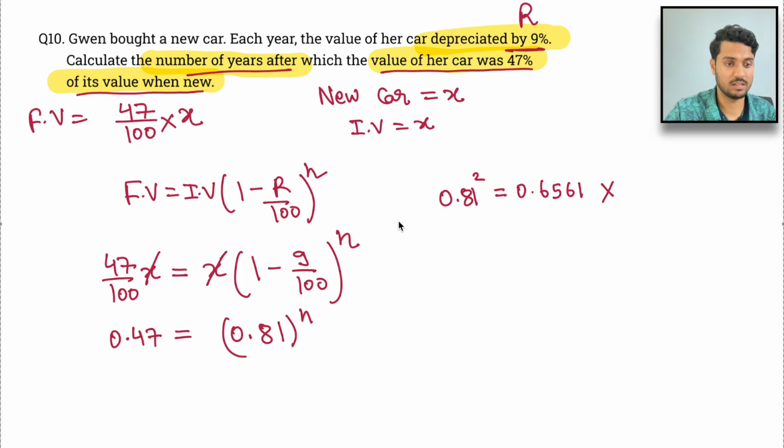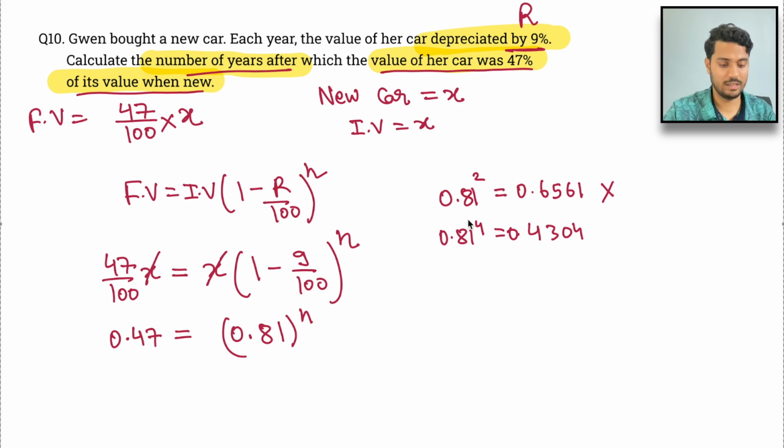So what can be the other answer? Even lesser than 2. So can I write 0.81 raised to 1.5? It's too much. If I write 0.81 raised to 0.9, no. 0.81 raised to 4 is 0.4304, but we want 0.47.